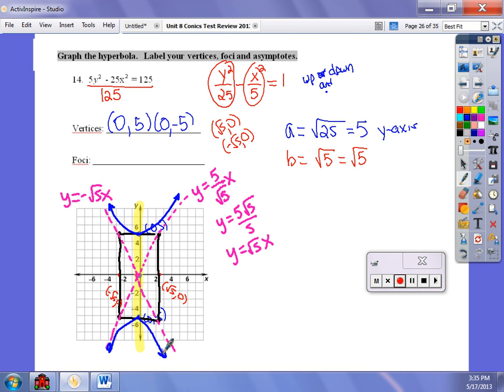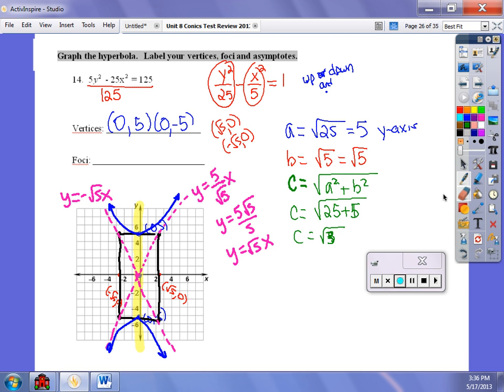Now the last thing to do is your focus. So your focus is going to be equal to a squared minus b squared, plus b squared. So a squared was 25 and b squared was 5. So it's the square root of 30.